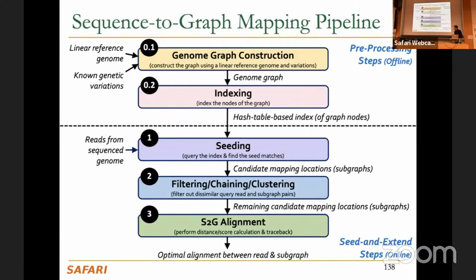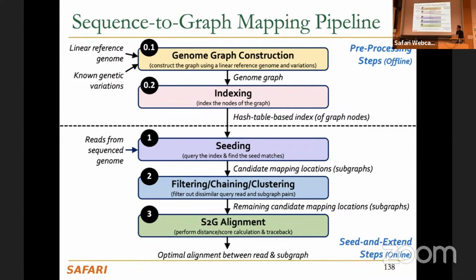So essentially, we look at this pipeline, and what we recognize is this particular alignment part is now more costly. We know that it was already costly in the linear reference genome mapping because it includes many dynamic programming operations. But the nature of dynamic programming operation in the linear reference genome case is that it looks at a certain number of cells to perform the dynamic computation.